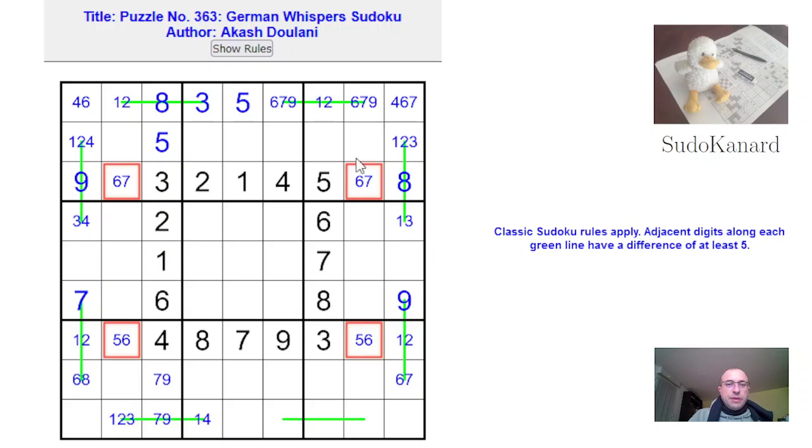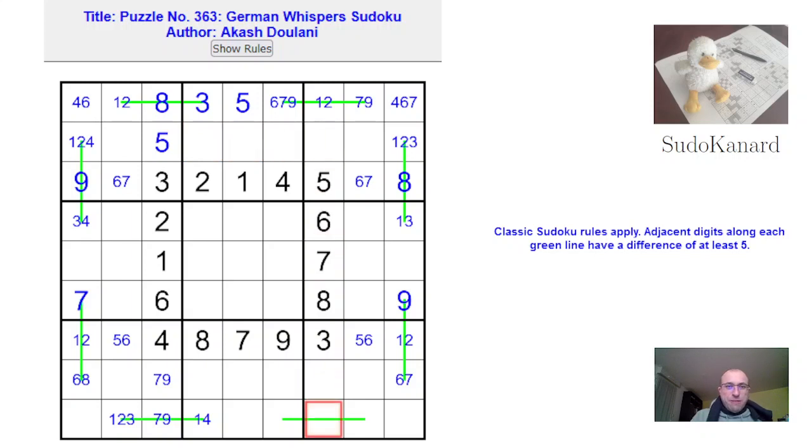So in those two columns, we have located 2 instances of 6. I don't know at this point whether it's on this diagonal or on this diagonal, but I have 2 instances of 6 in 2 columns, so 6 can't go anywhere else on those columns. So, for example, this can't be a 6 anymore. Well, that doesn't seem to matter a lot at this point.